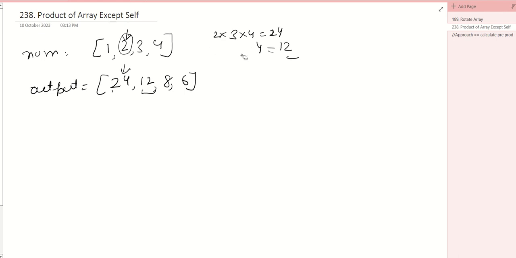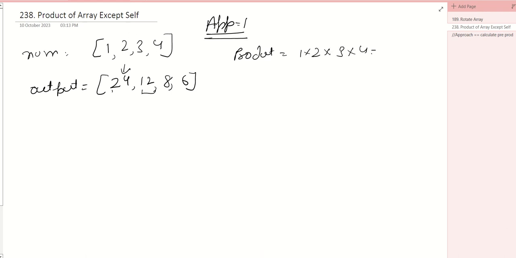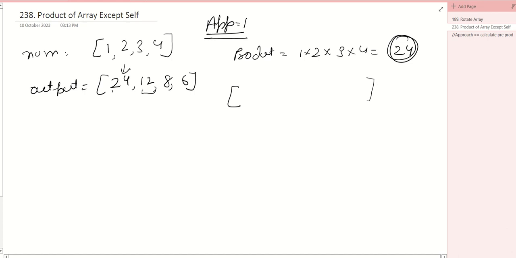Now let me tell you the different approaches that we can think of. Approach one: you just calculate the product of the full array. So that will be 1 into 2 into 3 into 4, and that will be 24. Now once you have the product of the full array, you can declare one result array, and then just keep on dividing the full product by each number.